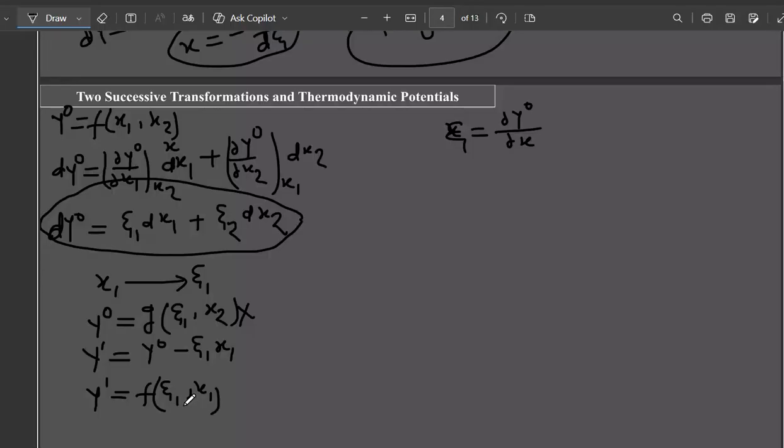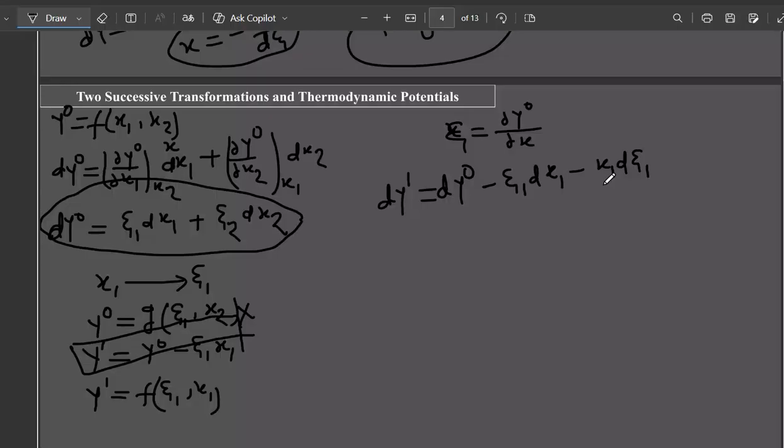Here we see one thing from this equation: dy1 equal to dy0 minus zeta 1 dx1 minus x1 d zeta 1.